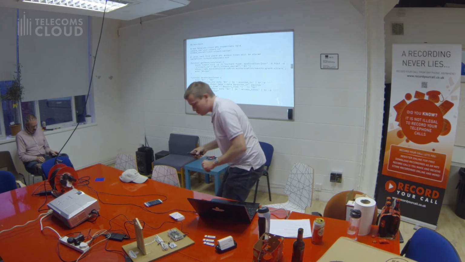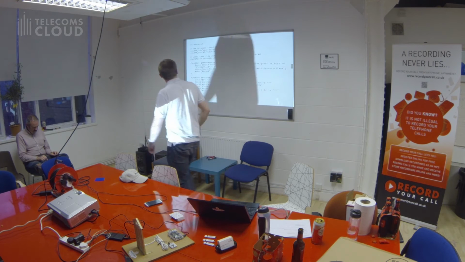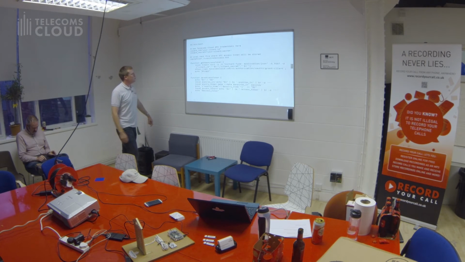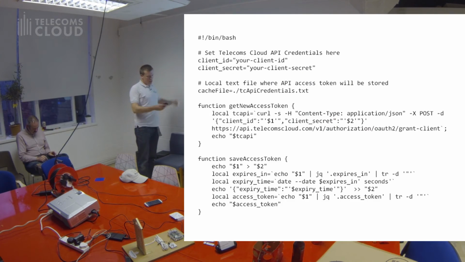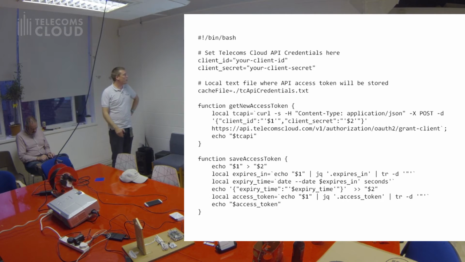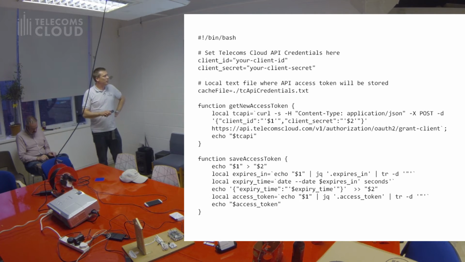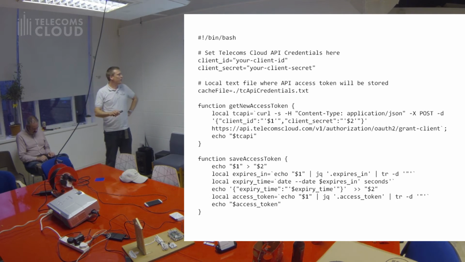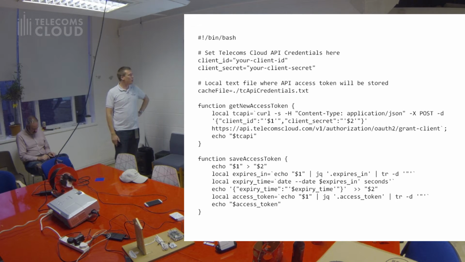So I'll show you very briefly some of the code to that. We're first of all setting our Telecoms Cloud client ID and secret, which is a bit like the username and password. And then we're storing in a text file locally the credentials to access the API.